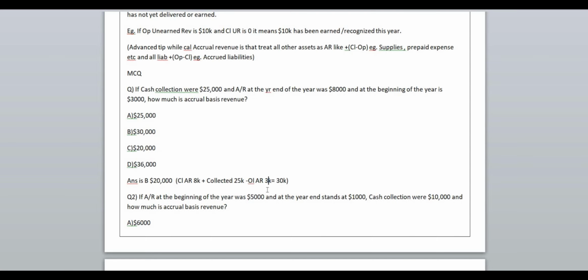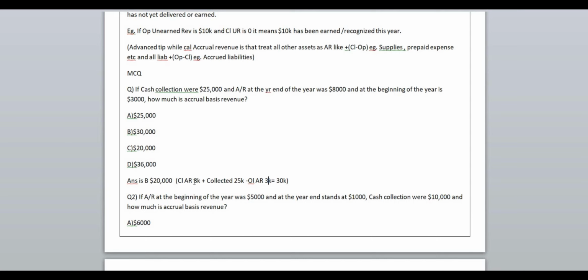This 3,000 is included in this 25,000, right? The opening accounts receivable at the year beginning stands at 3,000, which means the 25,000 includes this 3,000. So we need to deduct this 3,000 and the remaining accounts receivable stands at 8,000.